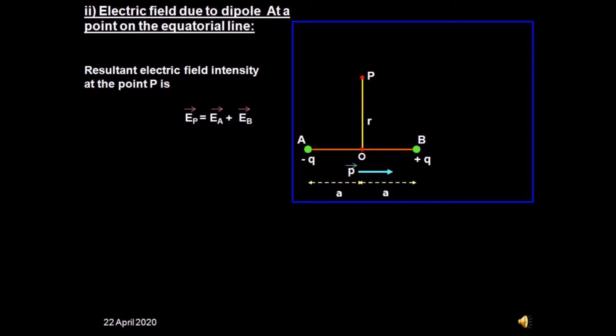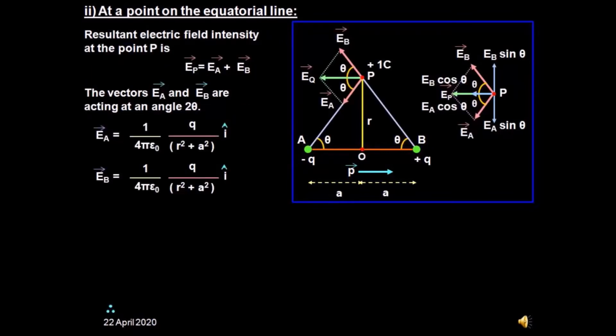So procedure will remain the same. To solve the net electric field, we will consider one by one the charges, that means minus q first and then second plus q, and due to these individual charges we will find the individual electric fields, magnitude and direction, at point P, and according to the direction rules we will find the resultant.